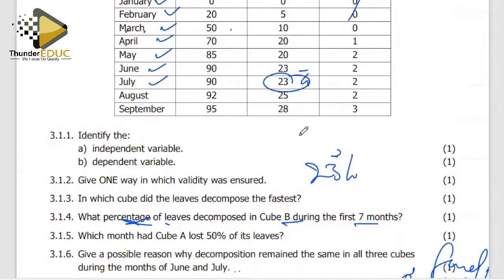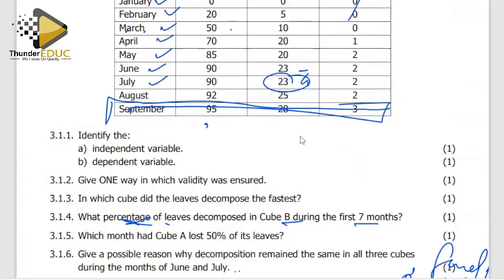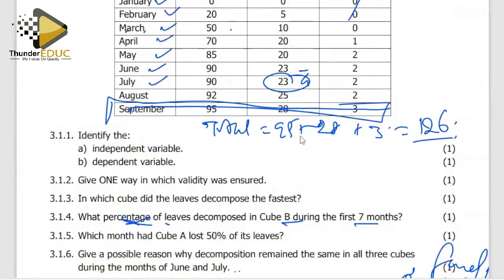So this is what you're going to be dealing with. So there are going to be 3. I'm going to first add and find out the total. The total is 95 plus 28 plus 3, which is 126.